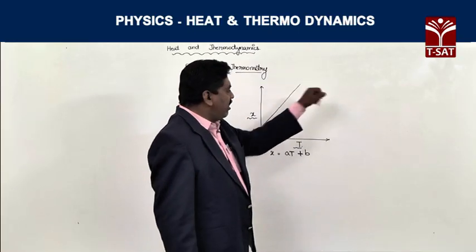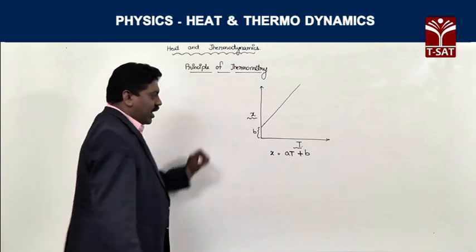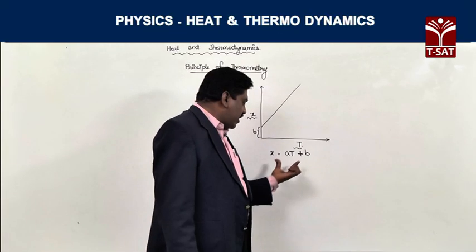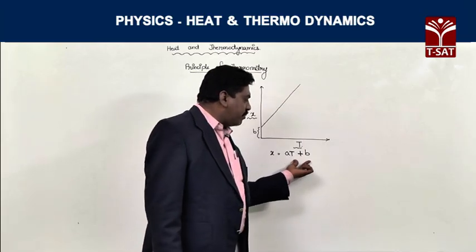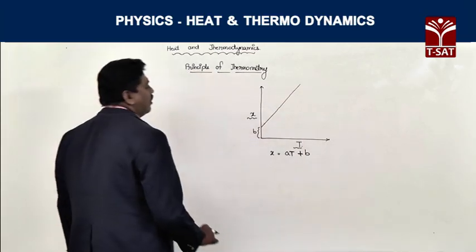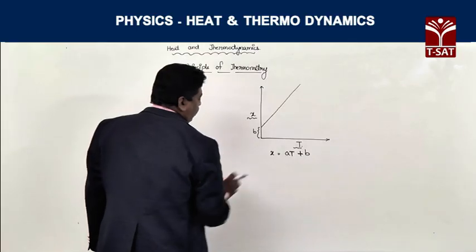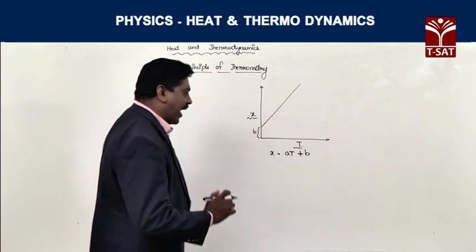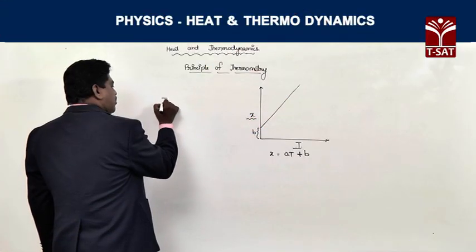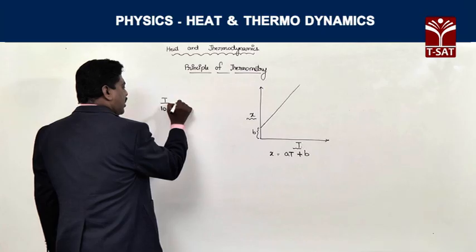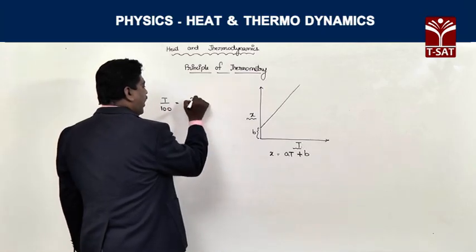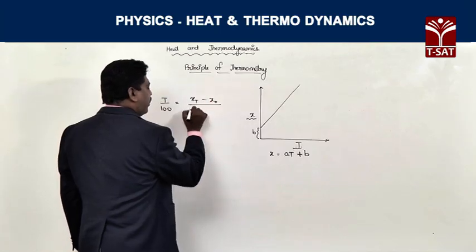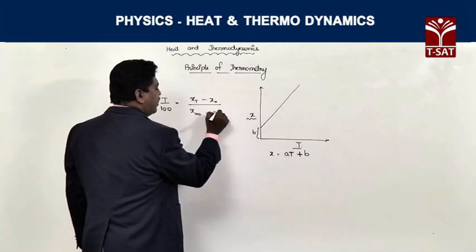We have a linear graph here, and the physical property x is related to temperature as x equals AT plus B. From this equation, we obtain a relation between x and T as T by 100 equals xt minus x naught by x100 minus x naught.